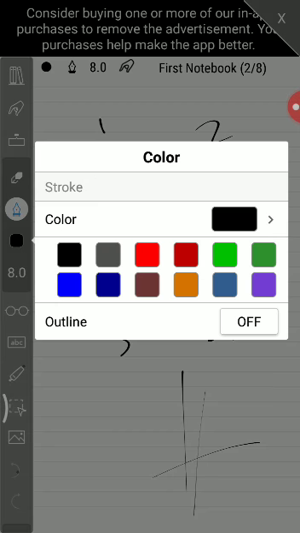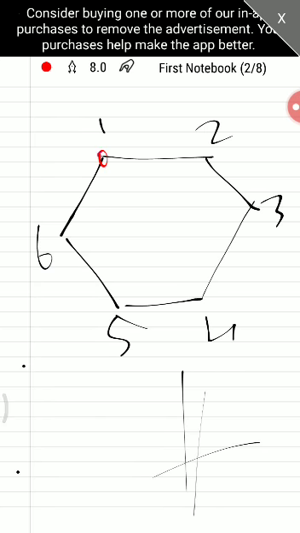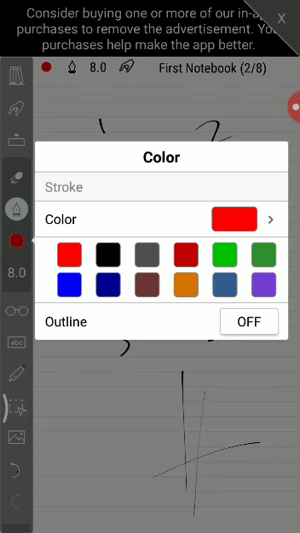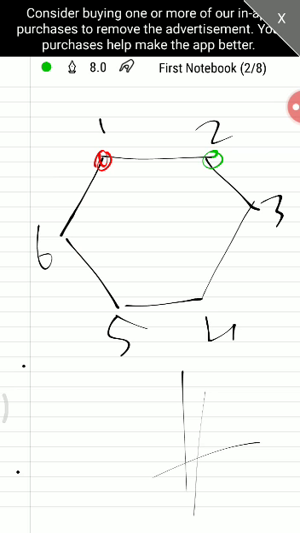I'm selecting two colors, red and green. I'm taking red color and color this one. I should use the next color for the other vertex of that edge, so I'm picking green and coloring this. The two vertices of an edge should never get the same color.